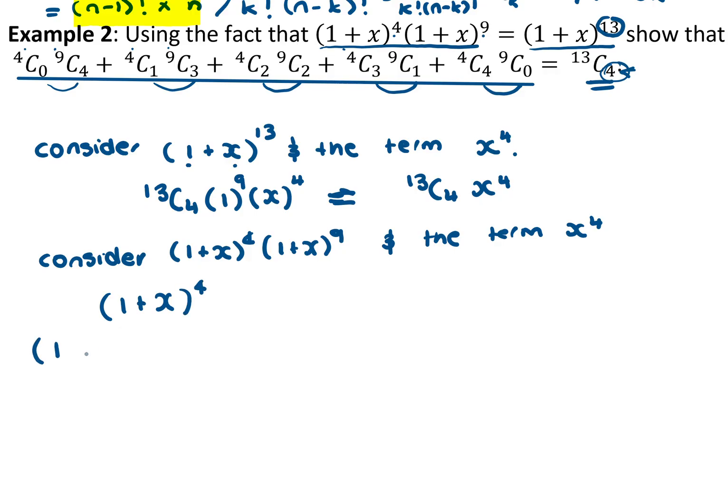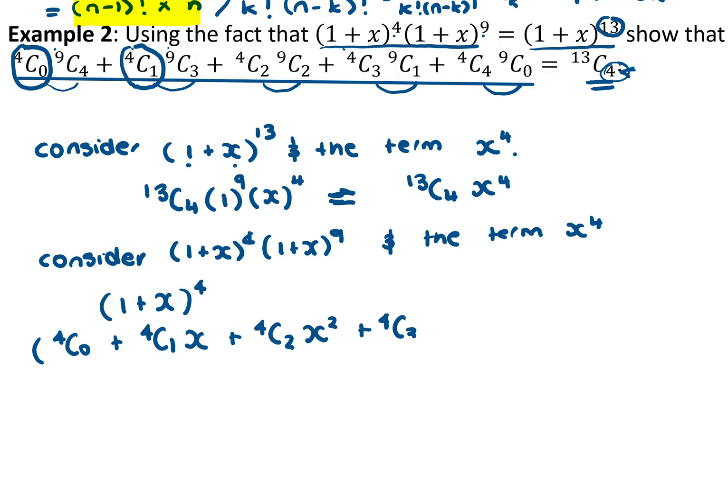Actually, I am going to write 4C0 x to the 0. Can you think why? Because when I look here, it has a 4C0 in it, so I need that as well. Then I have 4C1 with x to the 1, then 4C2 x squared, 4C3 x cubed, and 4C4 x to the 4.